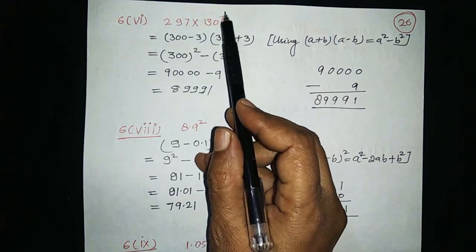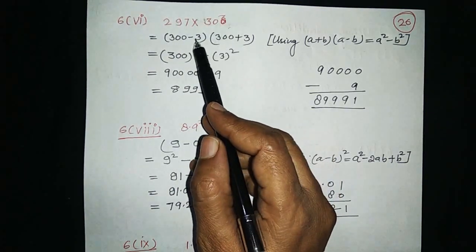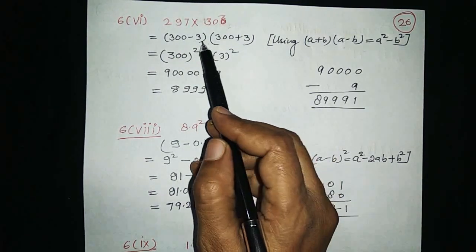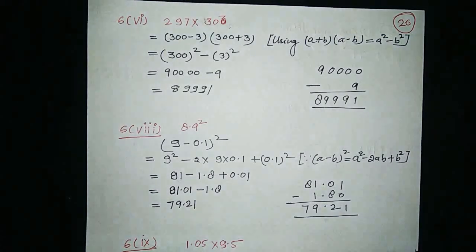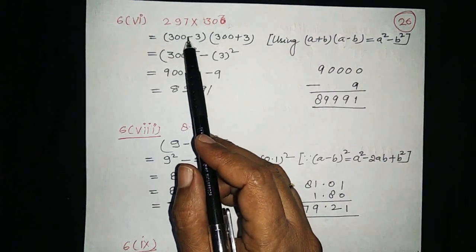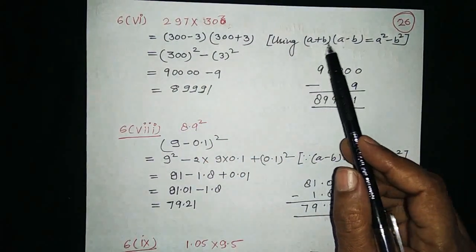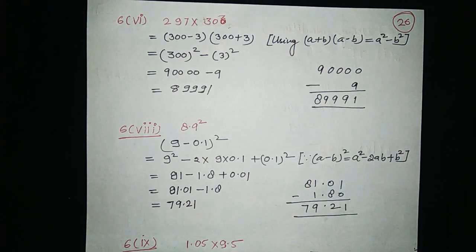Okay, and for 303 you can write 300 plus 3. Now you can see it is in the form of a minus b into a plus b.